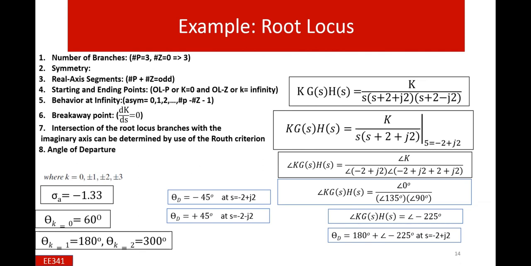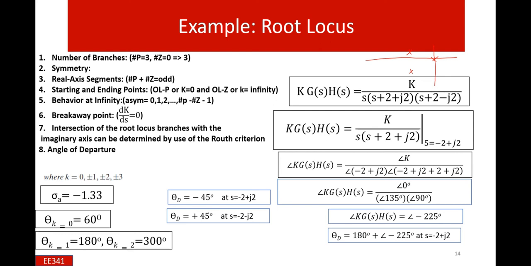So continuing with the same example, here let's again draw the transfer function. There is one pole at the origin and the other two poles are complex. Because there are only complex poles and no complex zero, we consider the concept of angle of departure.